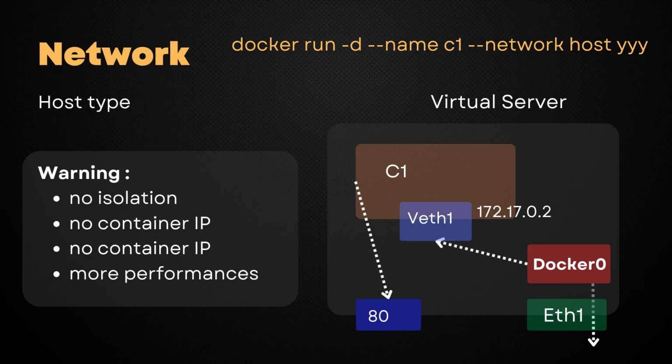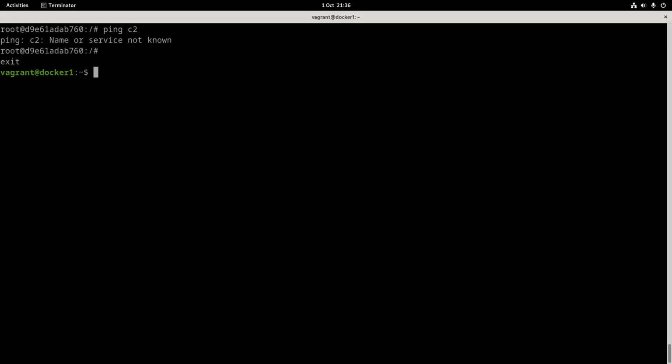To use it, if you want to test it, you can run docker run -d --name c1 --network host. But if I remember well, I think we have a big warning, and I'm not sure that we can run it directly. We can test it with docker run -d --name c10, for example, and --network host with an Nginx.